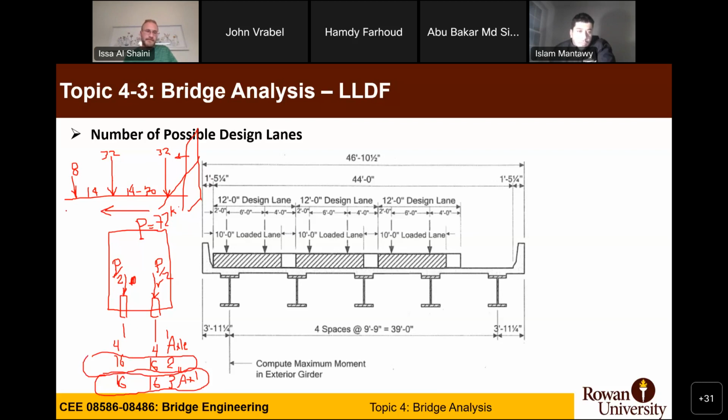The first one is 4 and 4. Because now we are not considering the longitudinal direction, we only care about the transverse direction, we can safely smash all those axles together and represent it as P over 2 and P over 2, where P is the weight of the truck. The influence line will take care of the distance in the longitudinal direction. So now I can safely say this wheel is P over 2, and this is P over 2.